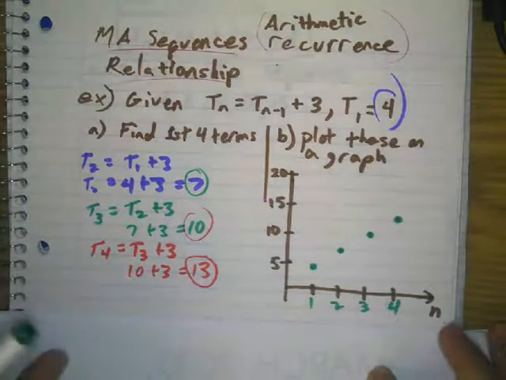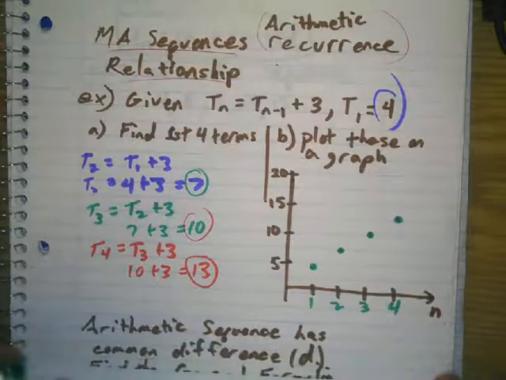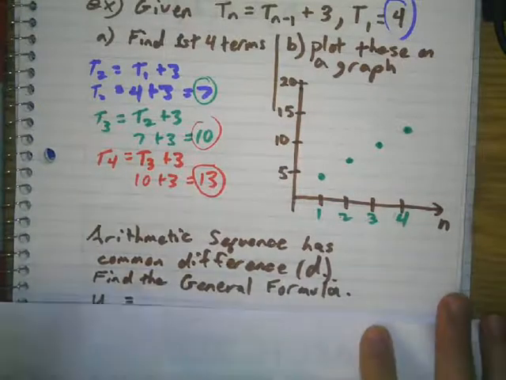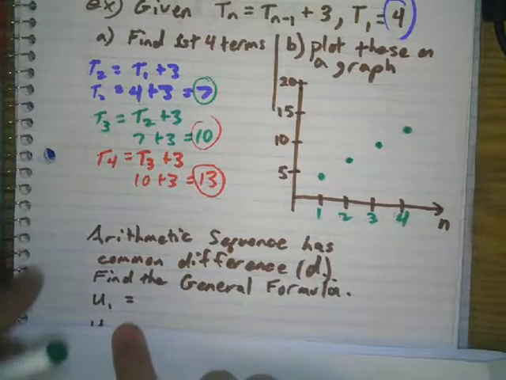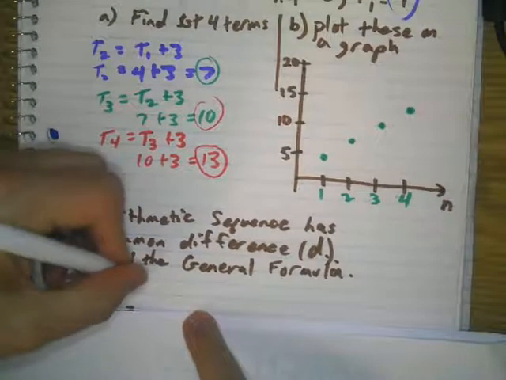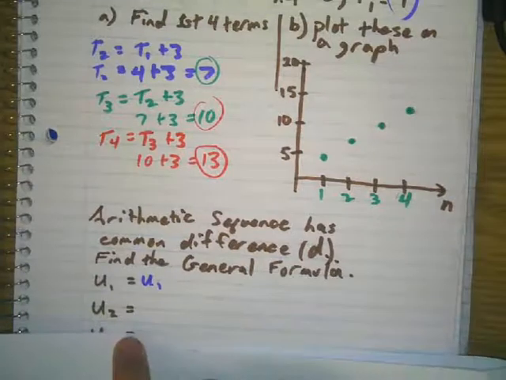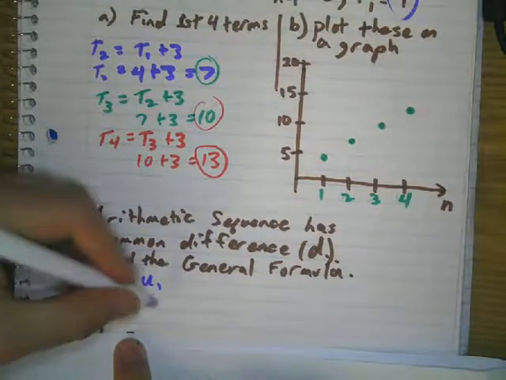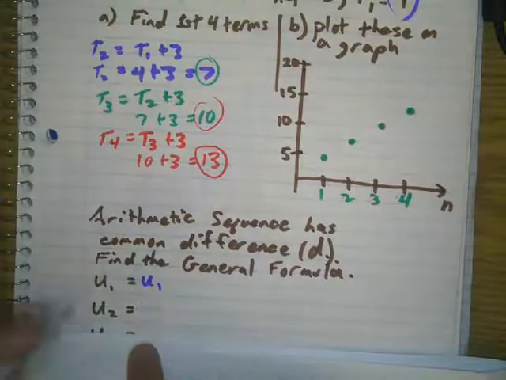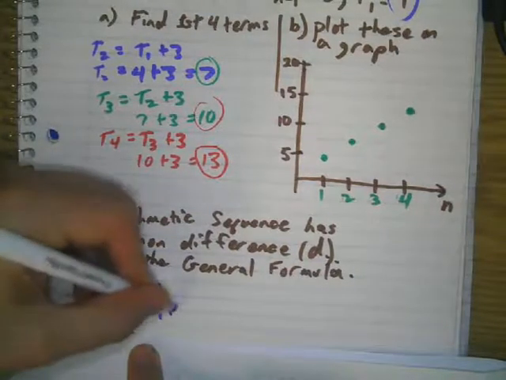Now let's try to find an equation on how to get an arithmetic sequence using the d. Let's find the general formula. If I've got the first term, that's the same thing as writing u sub 1, isn't it? My second term is this value plus d, u sub 1 plus d.